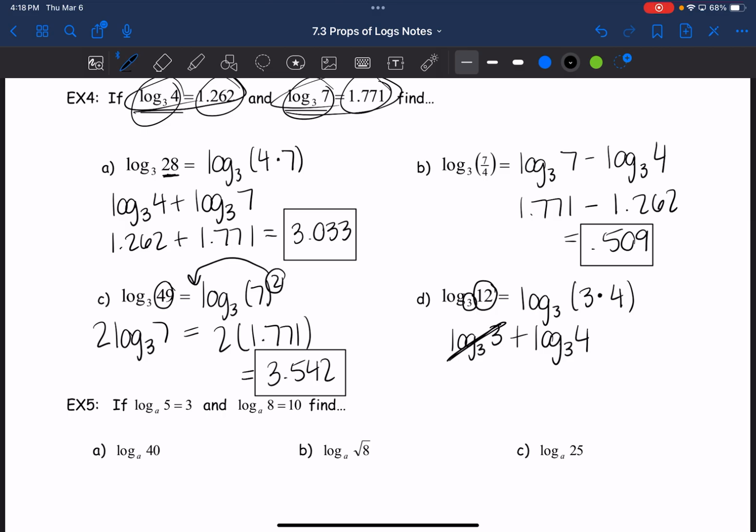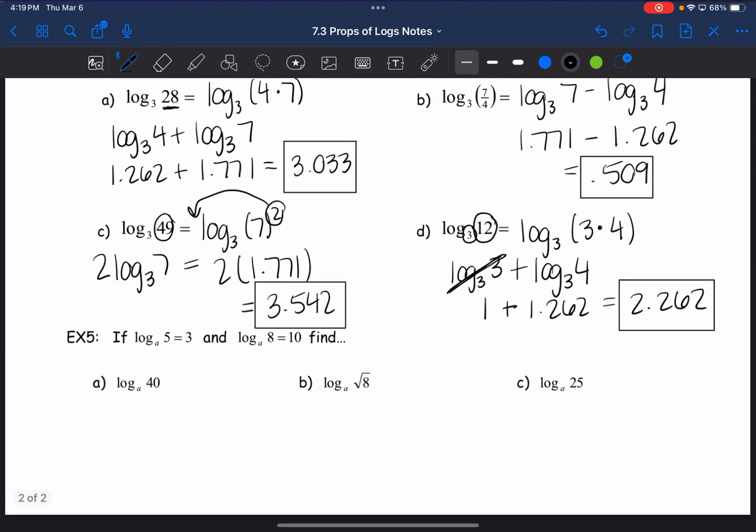And this basically undoes itself, right? Remember, we're saying it cancels out. That means it divides out. Anything divided by itself is 1. So this is 1 plus 1.262, which would give us 2.262.